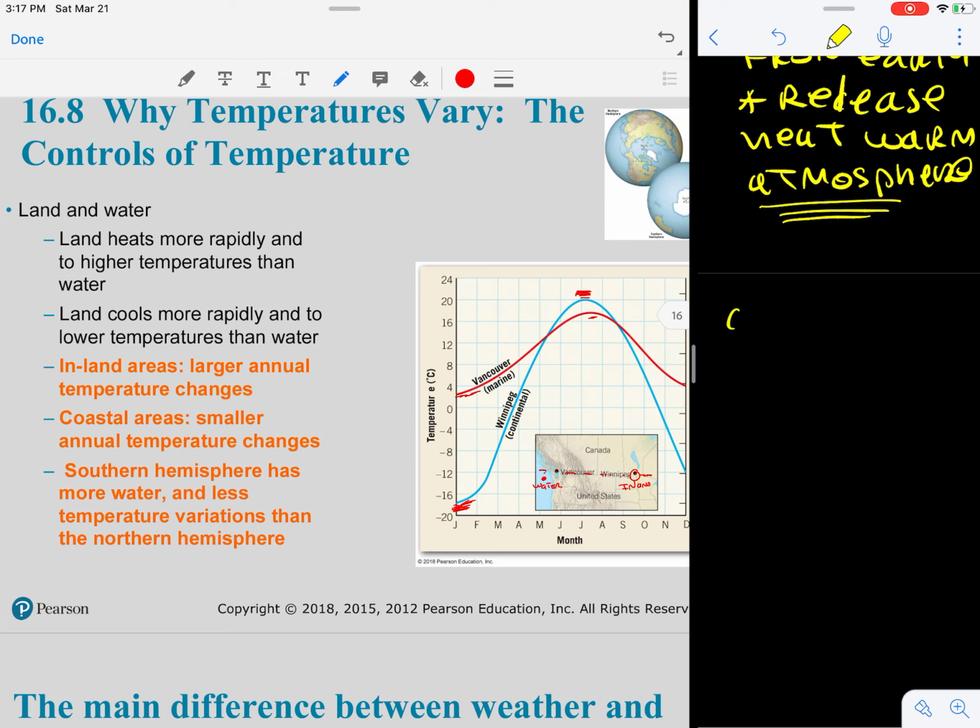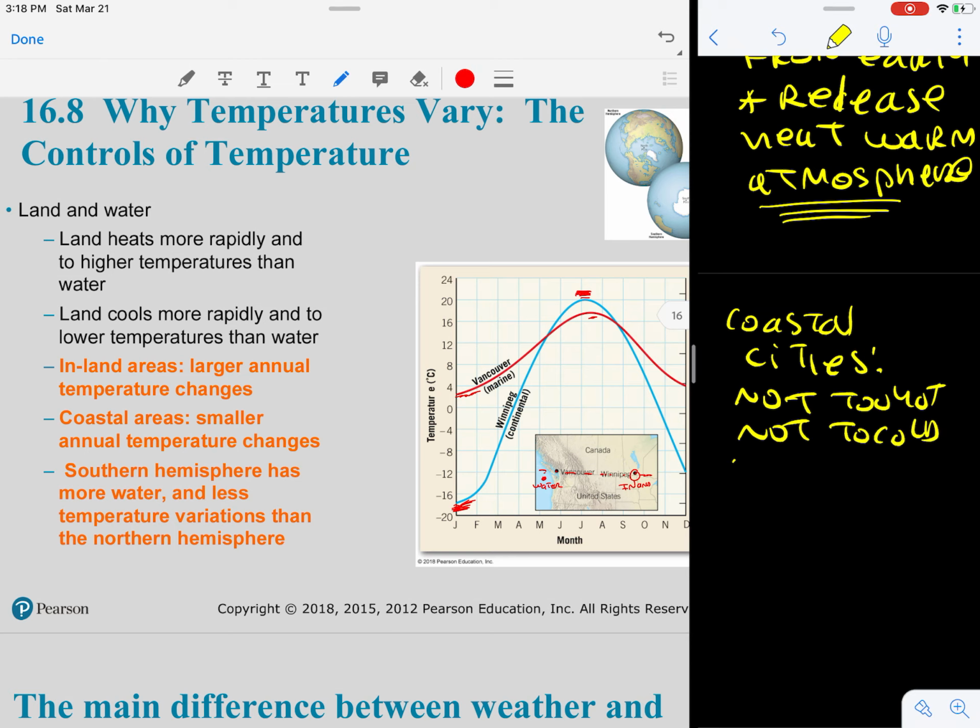So coastal cities, they're not too hot and not too cold. So that means that they're going to have smaller temperature changes.